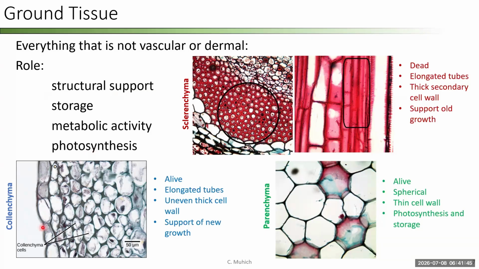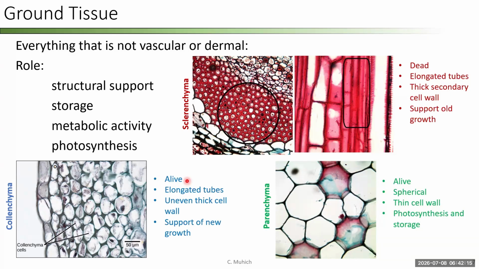The first, shown down here in a micrograph, where we've taken a slice of a tissue and used staining so that we can see different pieces of the cells, is the collenchyma cells. These act to support new growth.